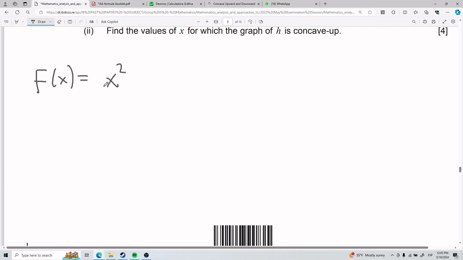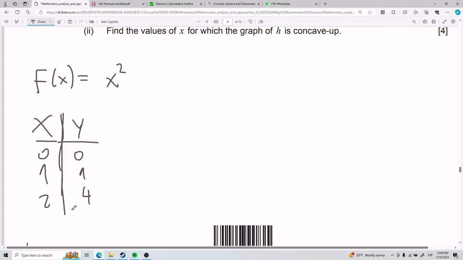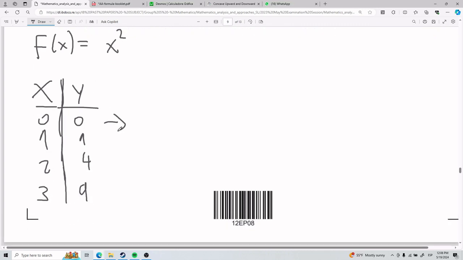So from here, if you plug in a value for x, you get a value for y. For example, if you plug in 0, you get 0. If you plug in 1, you get 1. If you plug in 2, you get 4. If you plug in 3, you get 9. See? And all of these are different sets of points.